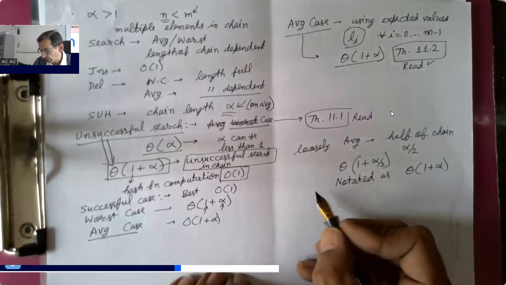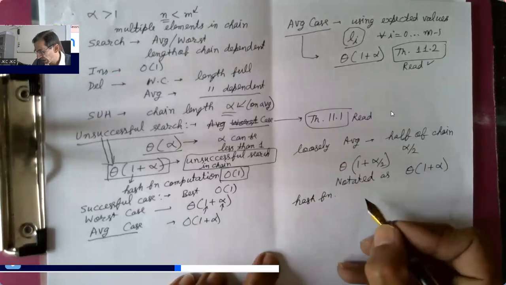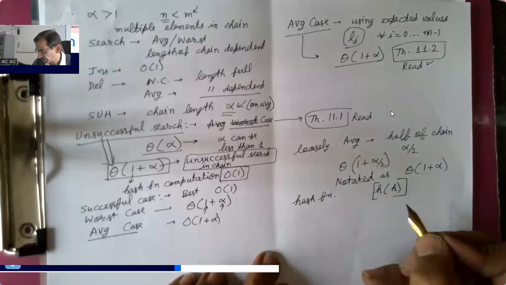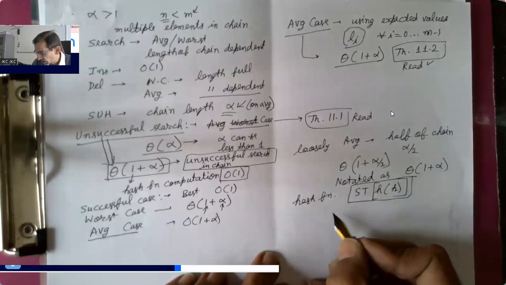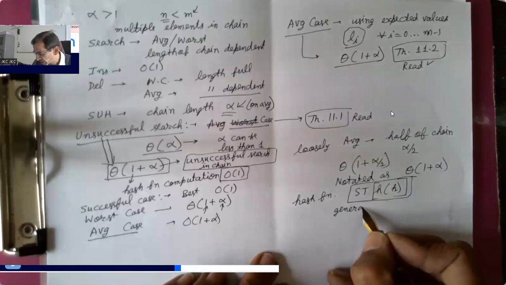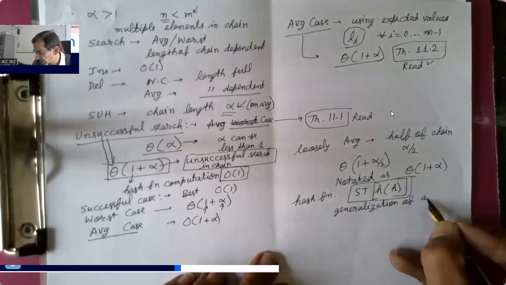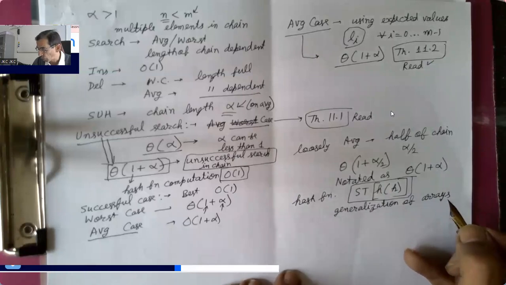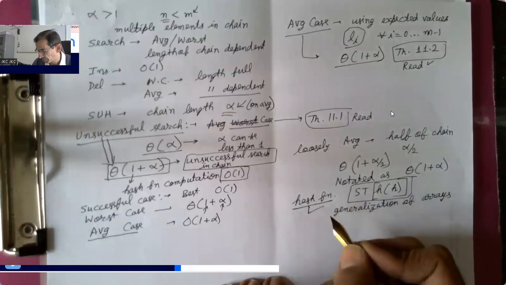But effectively now, you can easily see the hash function can directly be used, and you apply h of k. This becomes directly the index number into your storage table, and you can use the storage table. So it is effectively a generalization of array usage. And hence we always say through hashing, you can achieve a lot of functionality over keys, which are in the range of 0 to n minus 1, and still the hash function can be used.